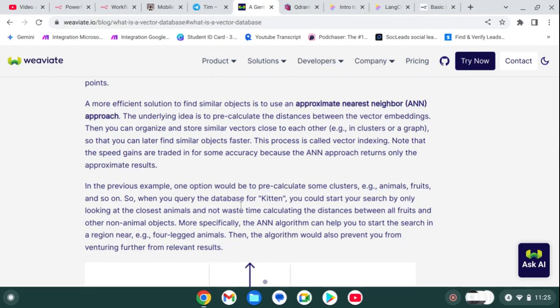Means we can upload a file, any PDF, in a vector database, where we can create a project and upload our file.